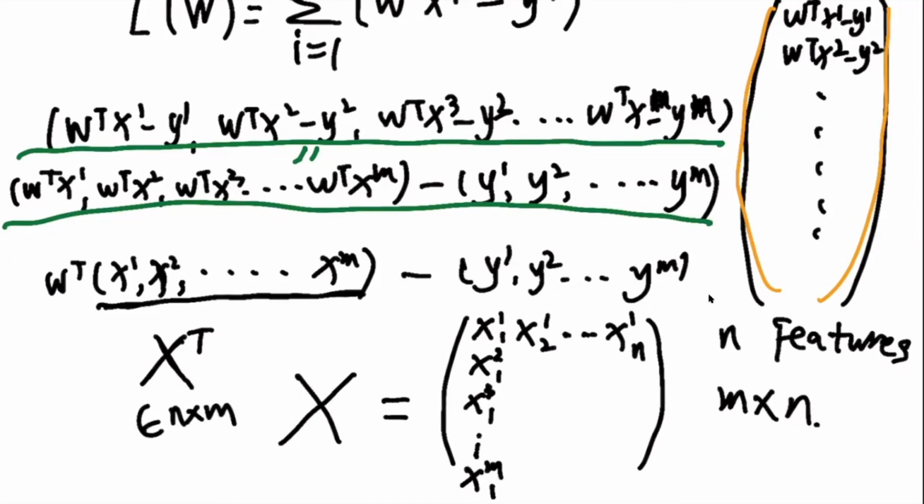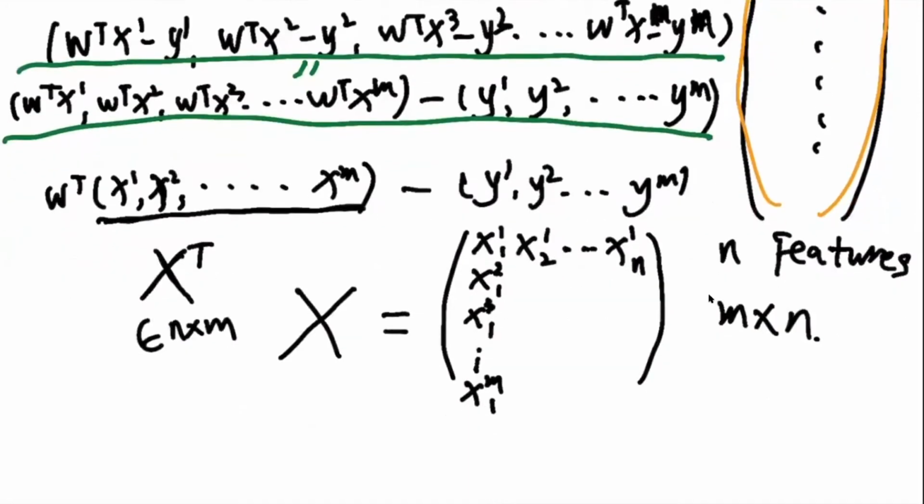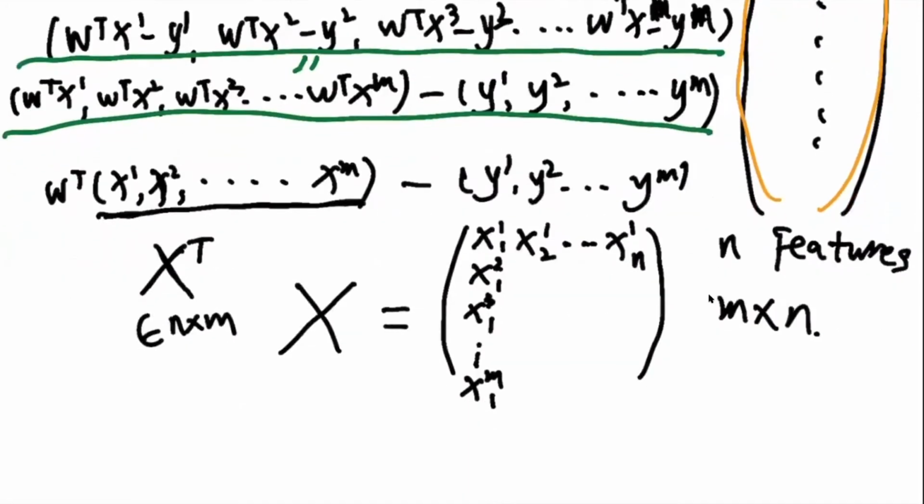If you look at some books for machine learning, you will always see this uppercase X. It represents the entire feature set, the feature matrix. All of the features of each data point in this data set are involved in this matrix.